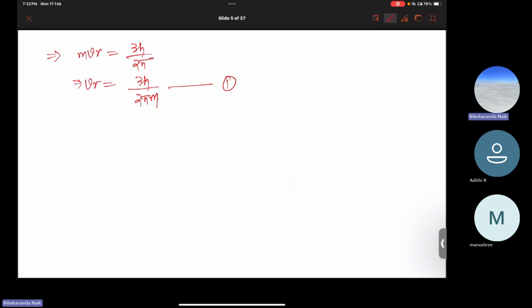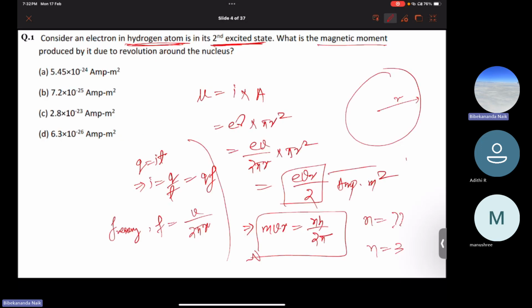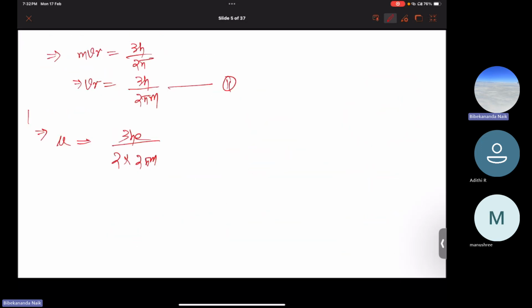So if you put the value of vr in that equation, then we will get mu equals 3he by 2 into 2 pi m. Suppose this is 2 and this is 1. Then from 1 and 2, we will get the value of mu is 3he by 2 pi m.